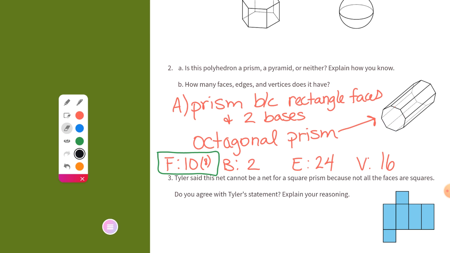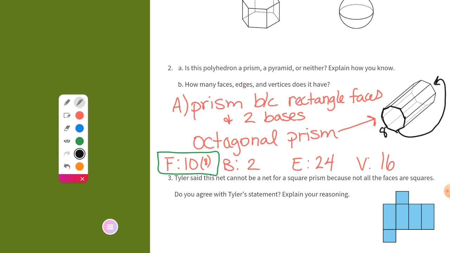If I look right here, there's 1, 2, 3, 4, 5, 6, 7, 8. If there's 8 on this side, how many's on that side? 8.